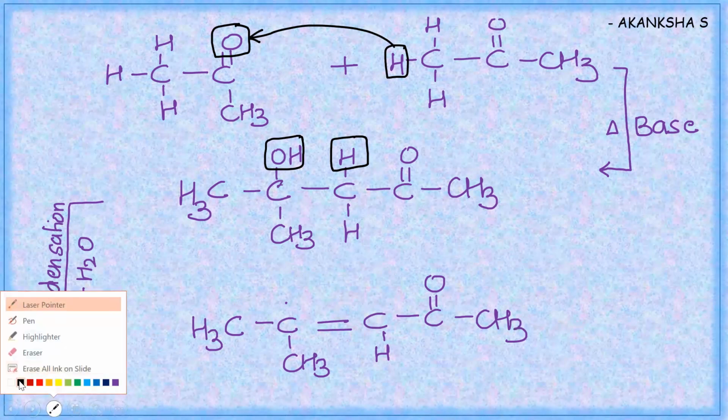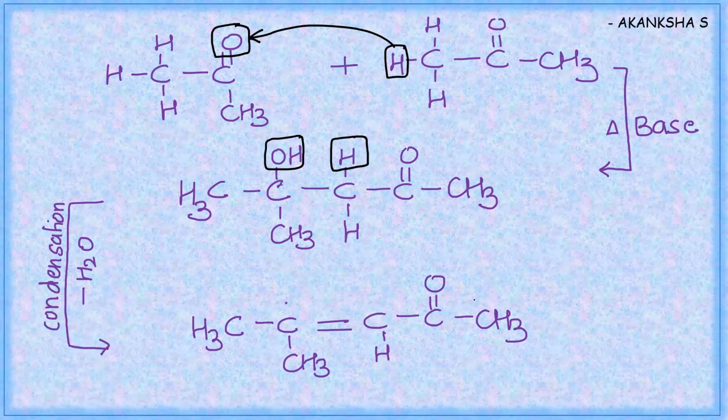How to name this? Let's try to understand. How many carbons? 1, 2, 3, 4, and 5. But I want you to notice something: on the fourth carbon, we have a methyl group branching out. And whenever we are naming a base carbon chain, we need to first name the branch.